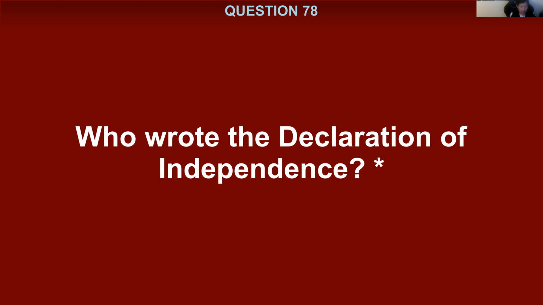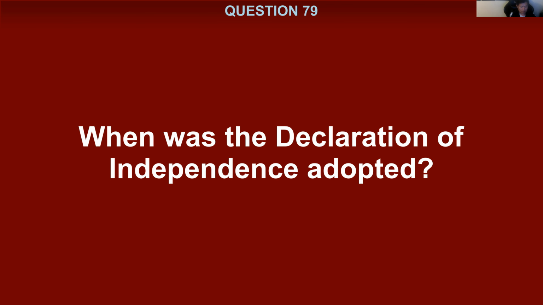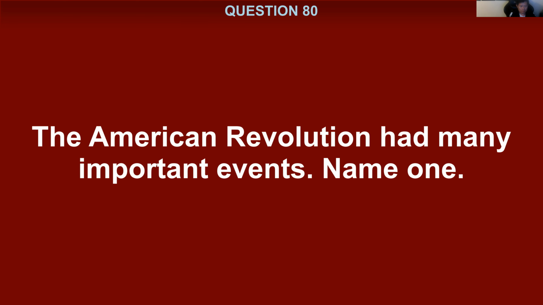Who wrote the Declaration of Independence? Thomas Jefferson. When was the Declaration of Independence adopted? July 4, 1776. The American Revolution had many important events.